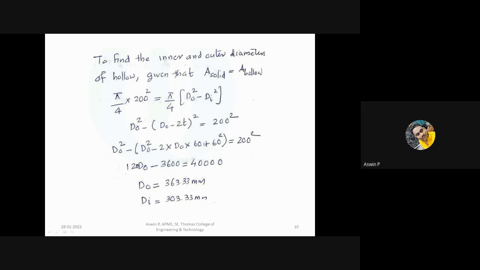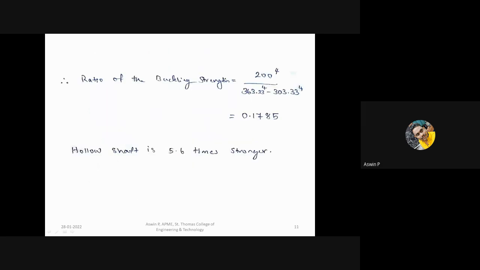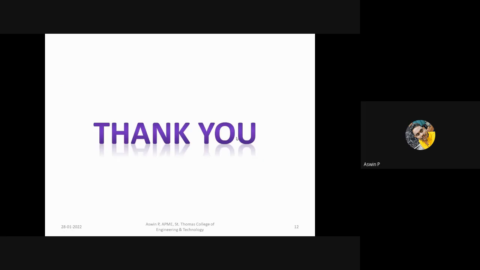Then you have to substitute di as do minus 2t, and after solving, you will get do and di. And after putting this value in the ratio of buckling strength, you will find which is the stronger one, hollow shaft or solid shaft. I will not give the steps, but you have to do the calculation and find out the answer.